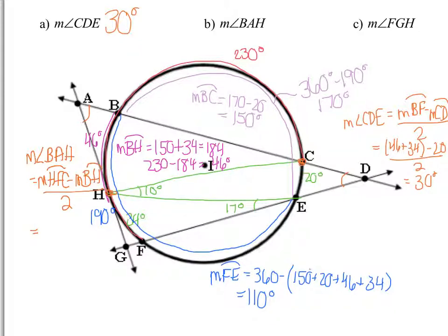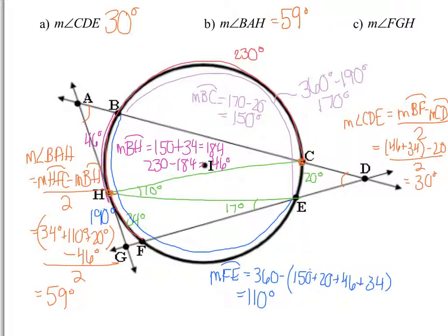HFC is 34 degrees plus 110 degrees plus 20 degrees, and we're subtracting BH, which is 46 degrees, divided by 2. This should give us 59 degrees. So the measure of BAH equals 59 degrees.